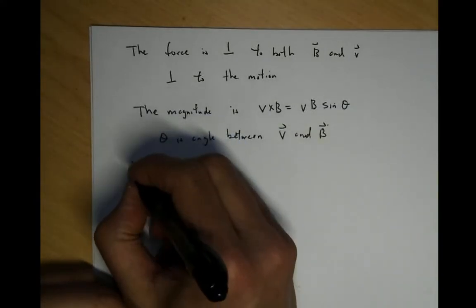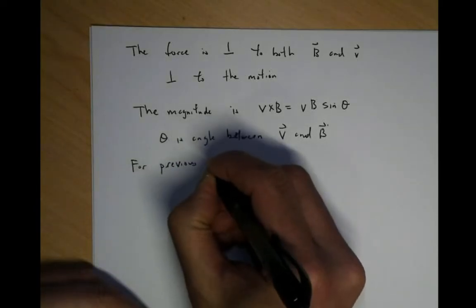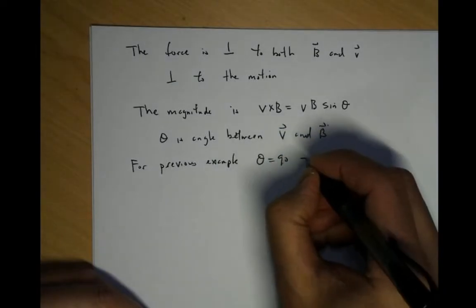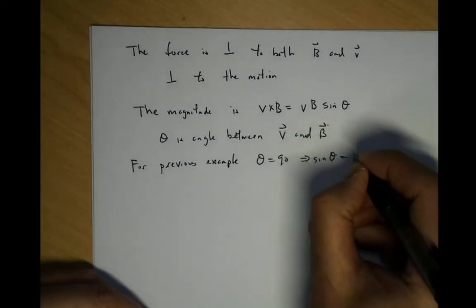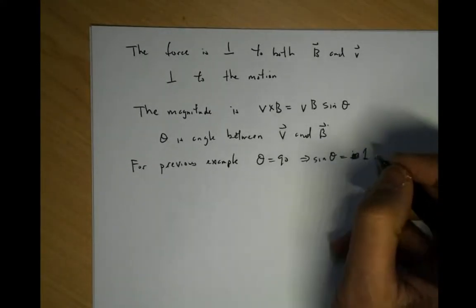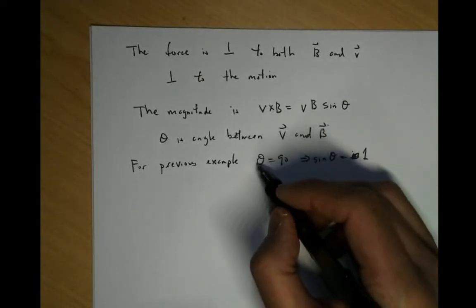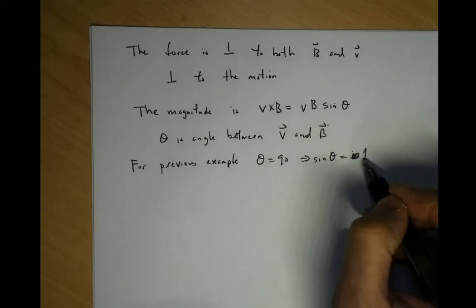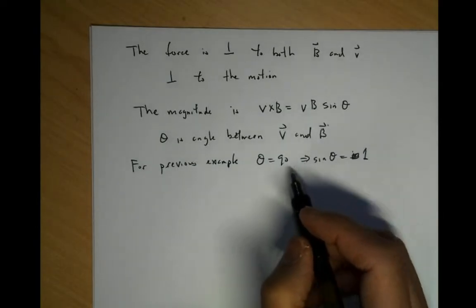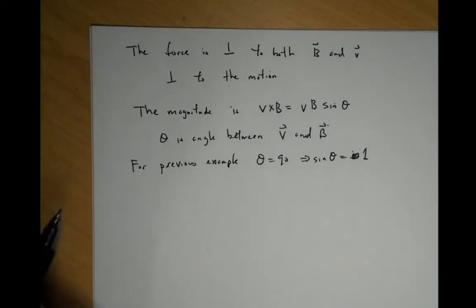So for the previous example, theta equals 90. So that means sine theta equals 1. Okay? Now you're going to get something very interesting, right? If V and B are in the same direction, then the angle theta is 0. Sine of 0 is actually 0 in that case, right? So you actually don't have any magnetic forces if the B field direction is the same direction as the direction of motion.